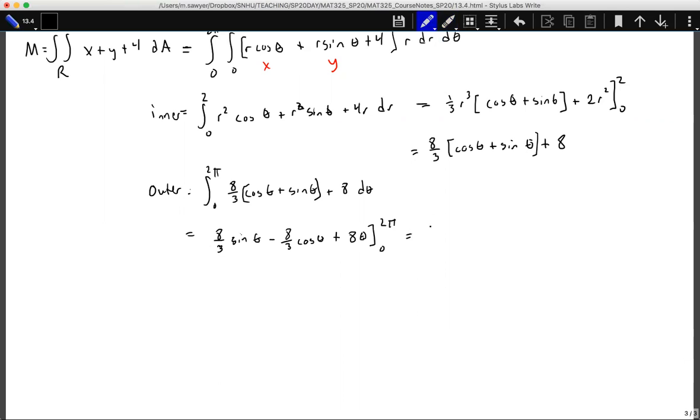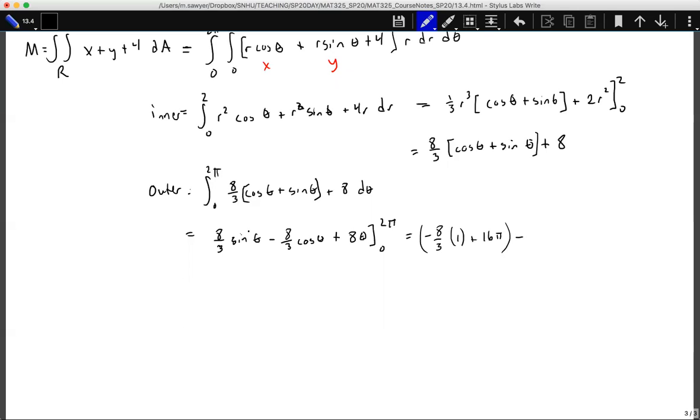So the first term will drop off at both 2 pi and 0. So we get minus 8/3 times 1 plus 16 pi.